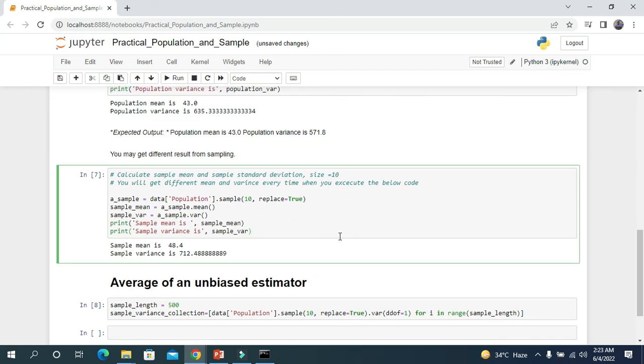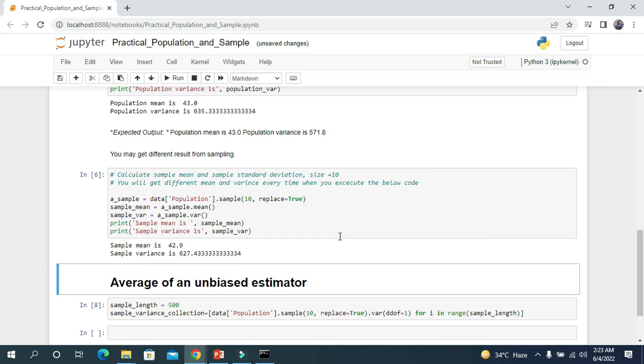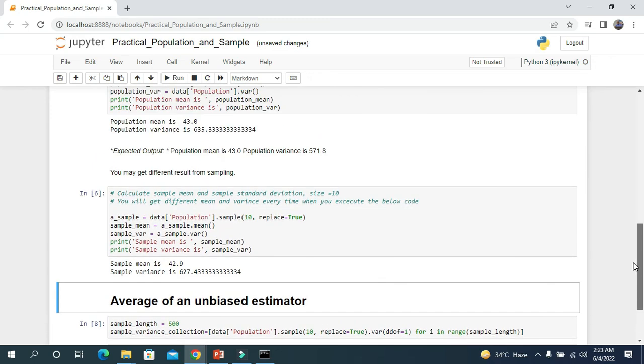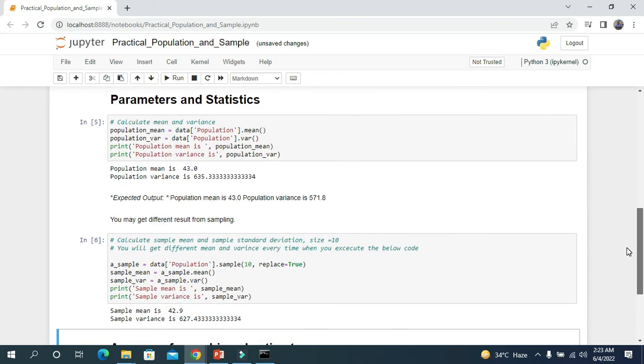So this is for your homework, and it is uploaded on the GitHub, and you can calculate it according to your choice. Okay, and you can also change the data set and get the basic idea of what is happening.